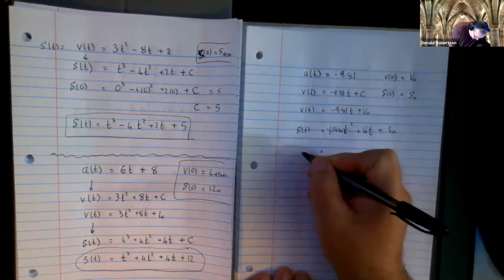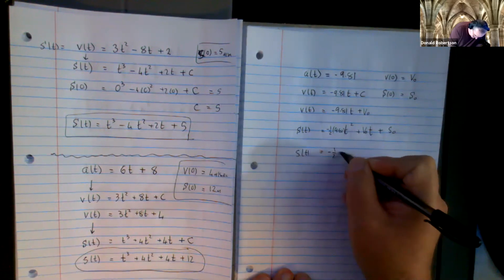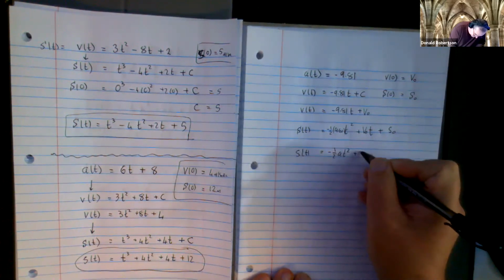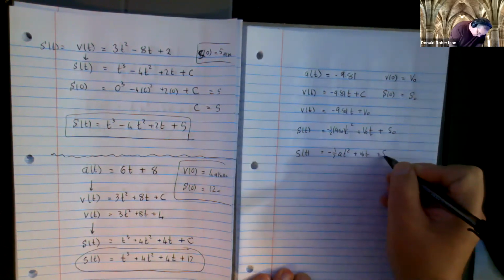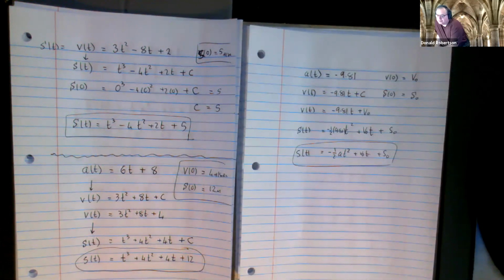And if I replace this guy, there's the generic position function for a moving object with acceleration a. You ever seen that guy? Just off the top of my head, I've just created a physics formula.